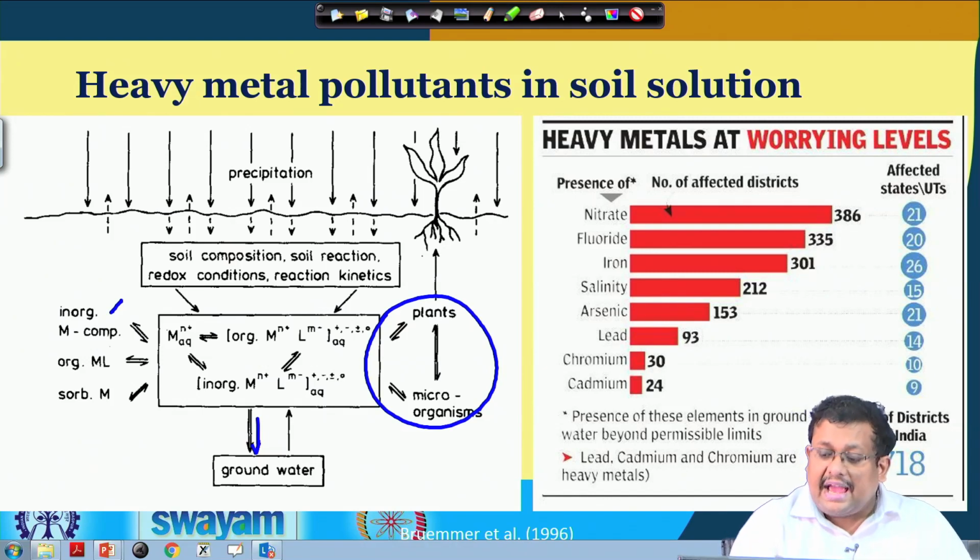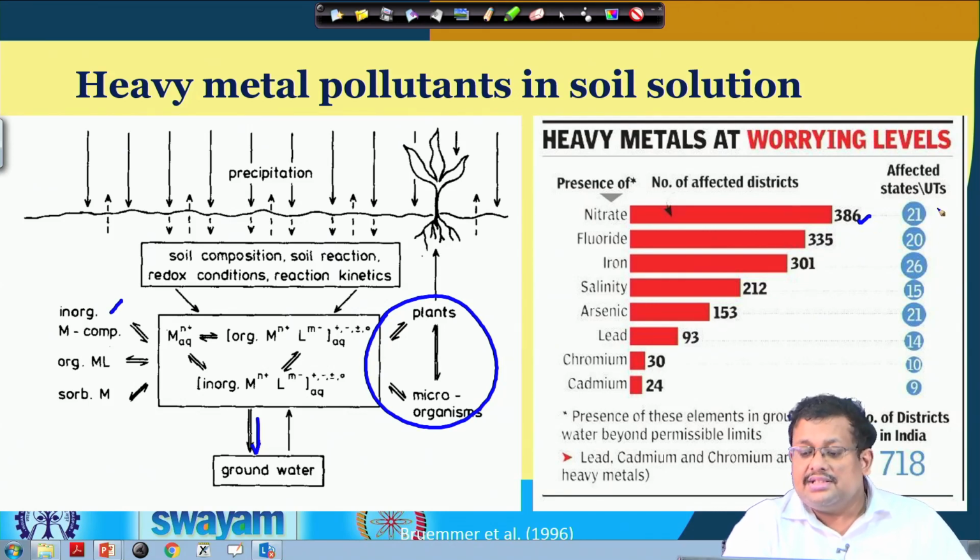If you see the nitrates, 386 districts are affected by this nitrate pollution, and the affected states or union territories are a total of 21. In case of fluoride, 335, and the number of affected states or union territories are 20.